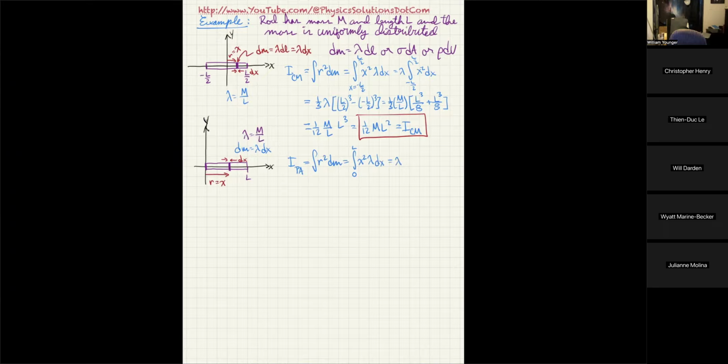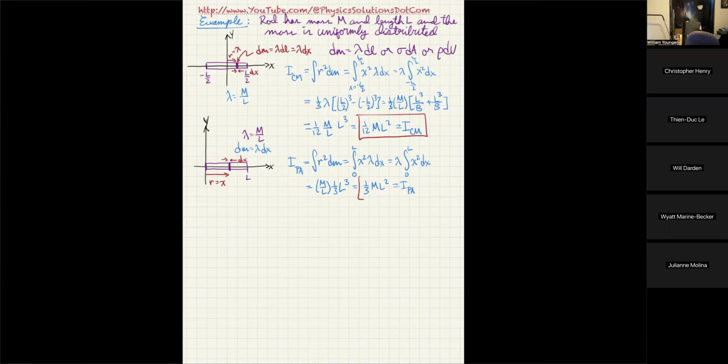This gives me lambda times the integral from 0 to L of x squared dx, which equals, if I go ahead and replace lambda with m over L, m over L times 1/3 times, now I'm evaluating x cubed at L, that'll give me L cubed, minus x cubed at 0, that'll give me 0. So this is just 1/3 L cubed, which gives me 1/3 ML squared is equal to I about the parallel axis.